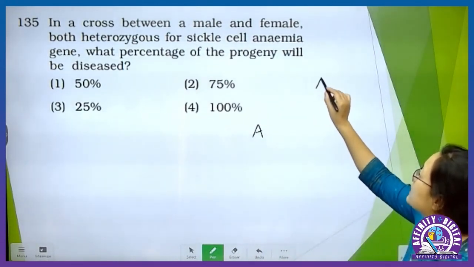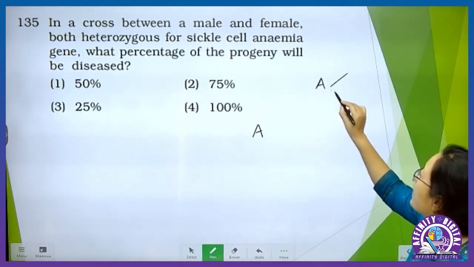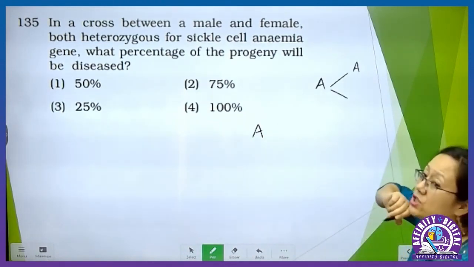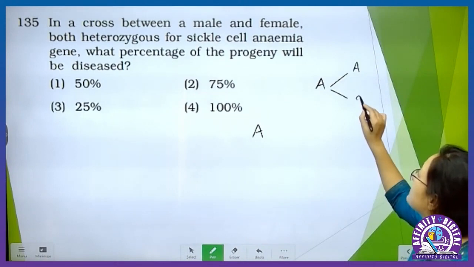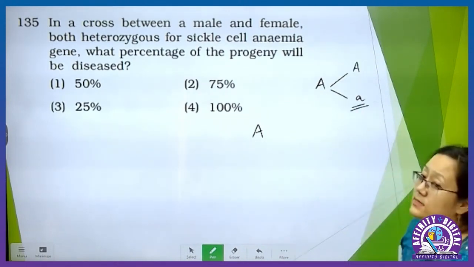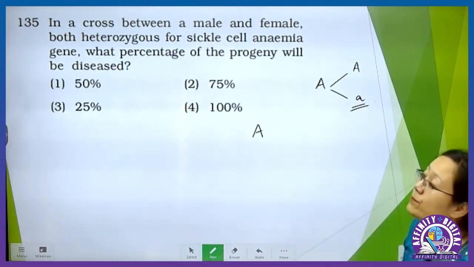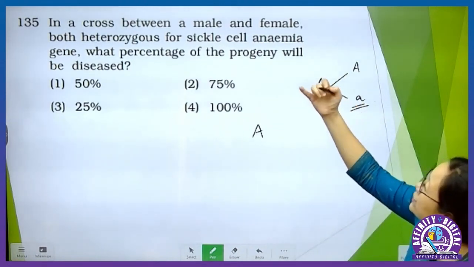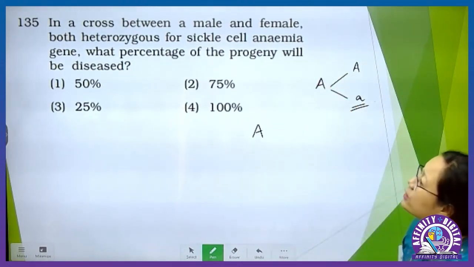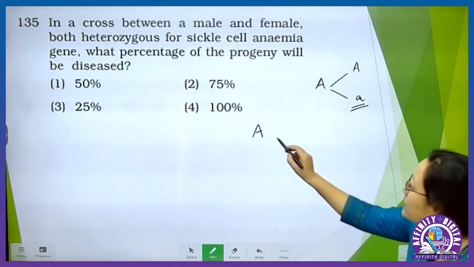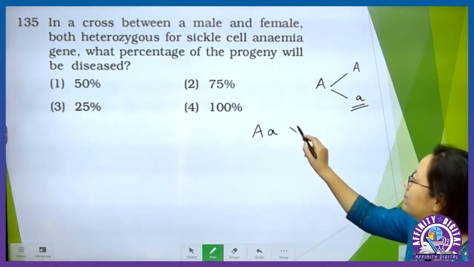So suppose the normal form of the gene is the dominant allele A, and the recessive is the sickle cell anemic gene, which is a recessive gene. So if a question is set here, heterozygous sickle cell anemia, that means it will be represented like this.